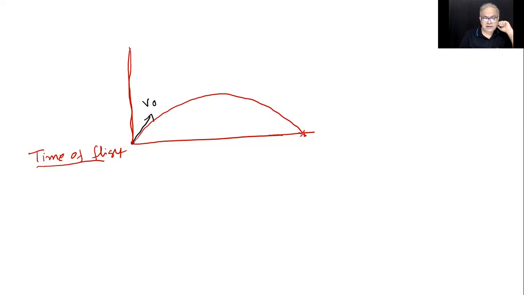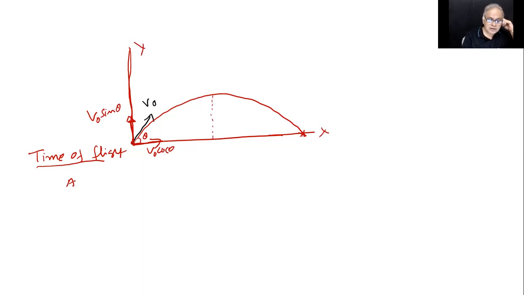All right. So what was the initial velocity in the x direction? V0 cos theta. What was the initial velocity in y direction? V0 sin theta. Though the body went to increasing heights, it went to a maximum height, but came back again and fell here, isn't it? In y direction, the displacement is 0, isn't it?